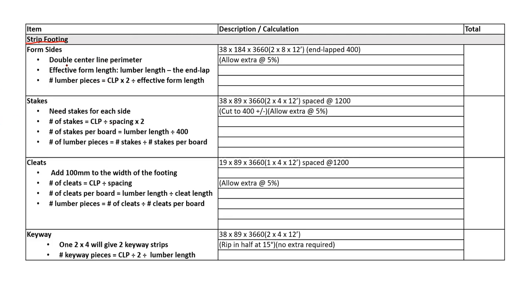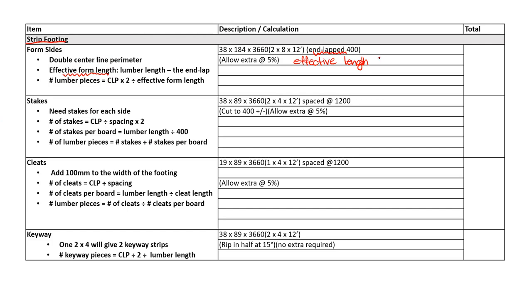So it goes around double our center line perimeter, but we've got an end lap of 400 millimeters. So we need to find the effective form length. I'm going to start with that. The effective length is just the length of the material minus the overlap.